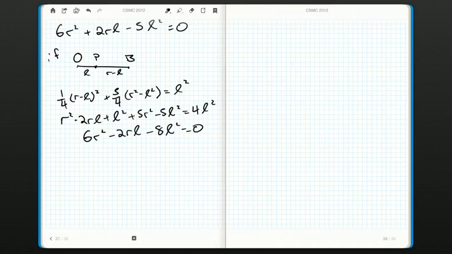So we get two formulas. And now the question is how best to solve these. That's 3r squared minus rl minus 4l squared. This one at least looks a little more factorable.